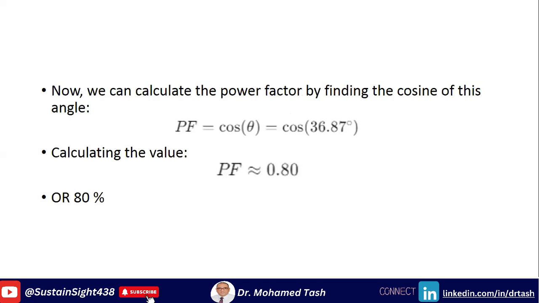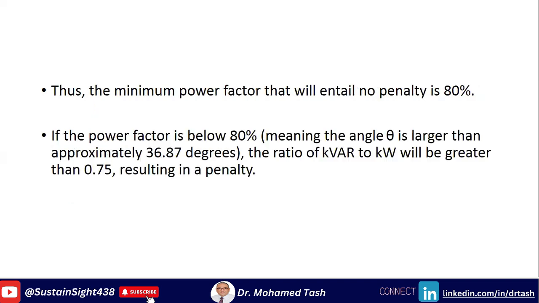So now we can calculate the power factor by finding the cosine of 36.87 degrees. So the power factor will be 0.80. So the minimum power factor that will entail no penalty is 80%.